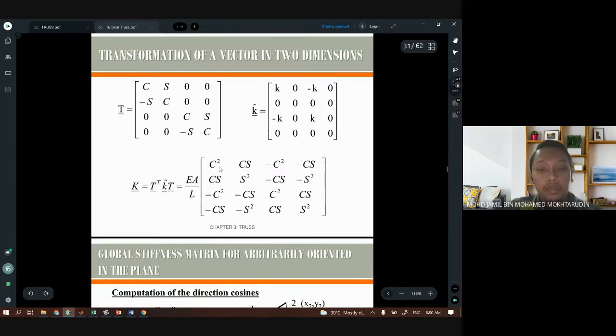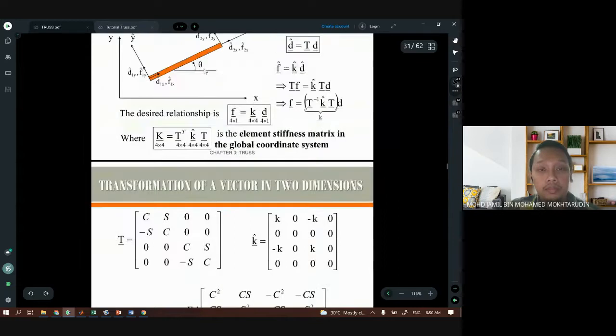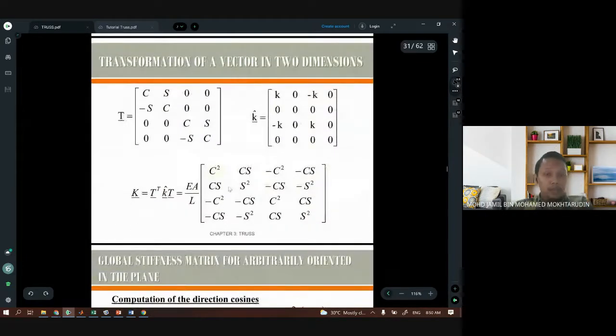C represents cosine and S represents sine of this angle. So K is the stiffness matrix of one element of the truss.